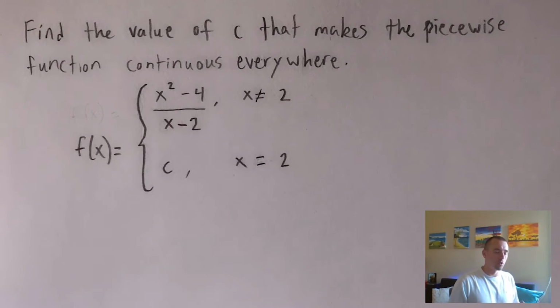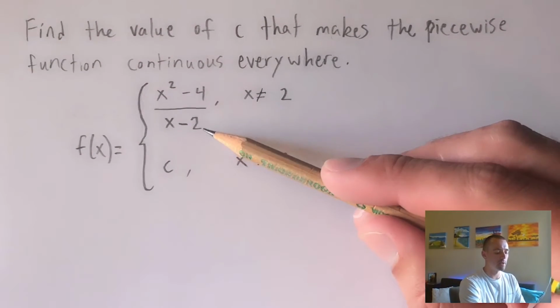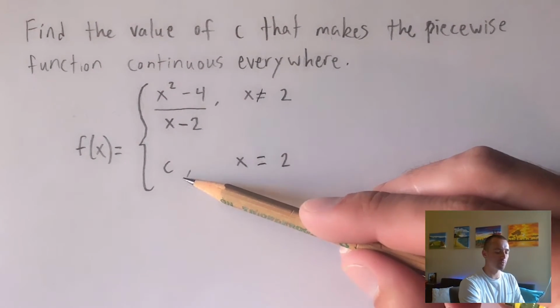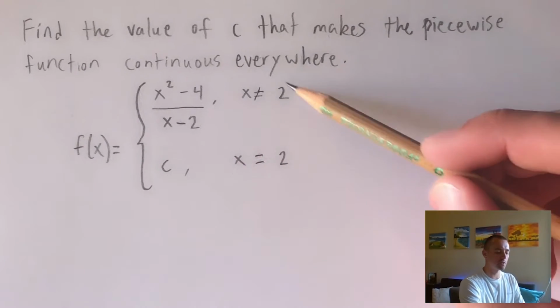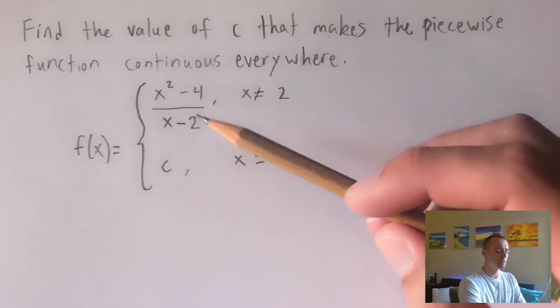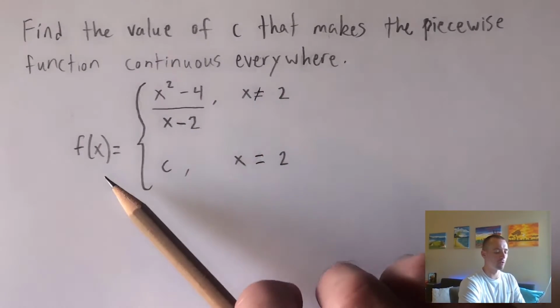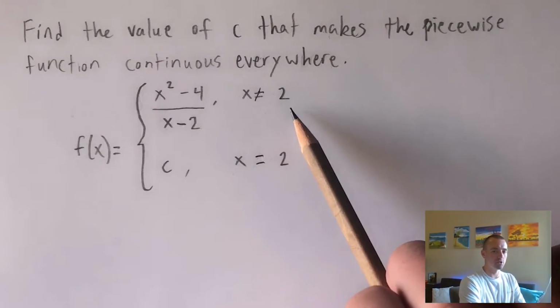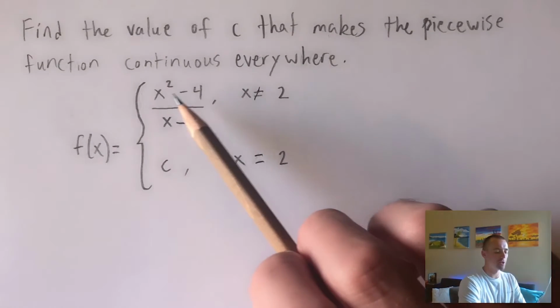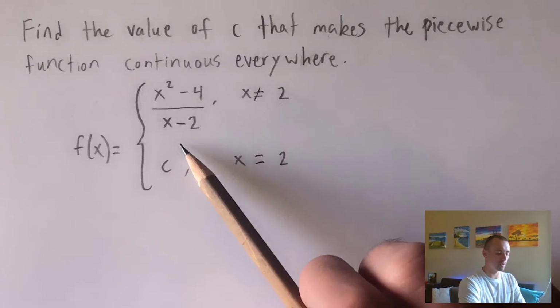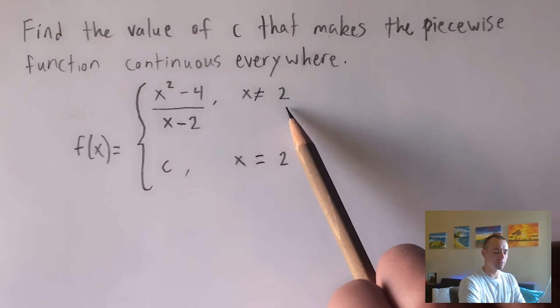In order to make sure that the whole piecewise function is continuous everywhere, there are a couple of things you want to think about separately. First, we need to make sure that each piece of our piecewise function is continuous within its restricted domain. We only want to use this function to define f of x when x is not 2, so we want to make sure it's continuous whenever x is not 2.